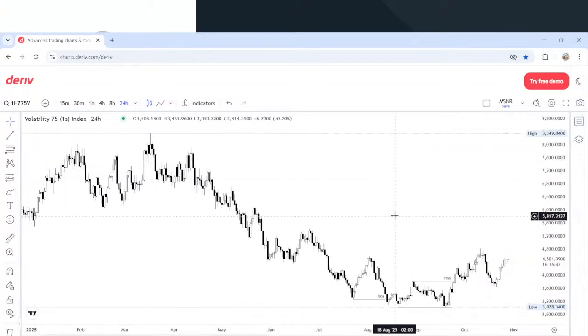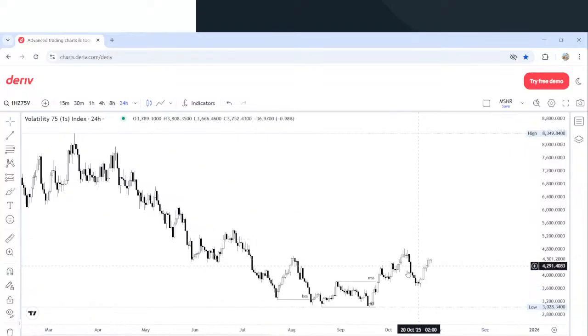The volatile main. All right, it has been going down also. Break of structure, equal low. This is an equal low. Okay, here it's another story. All right, here I see an MSS, so the liquidity has been taken out.